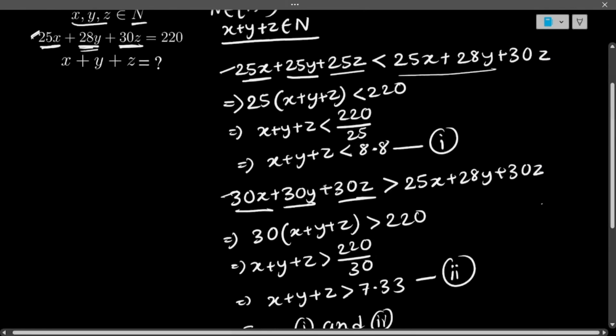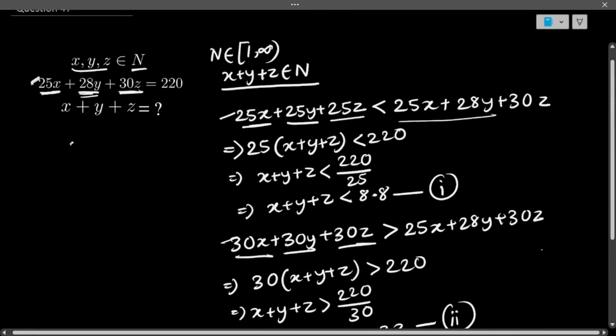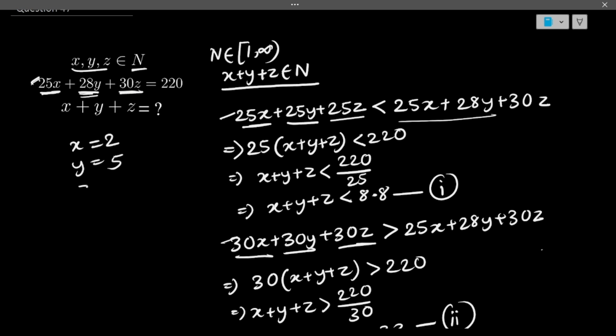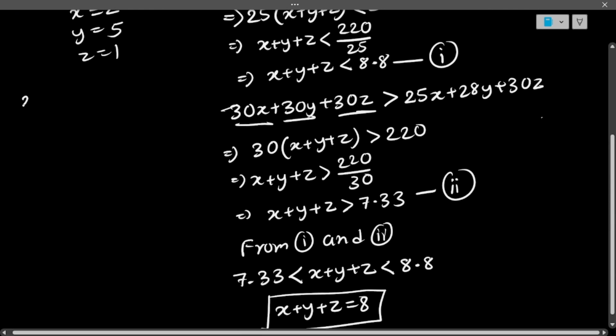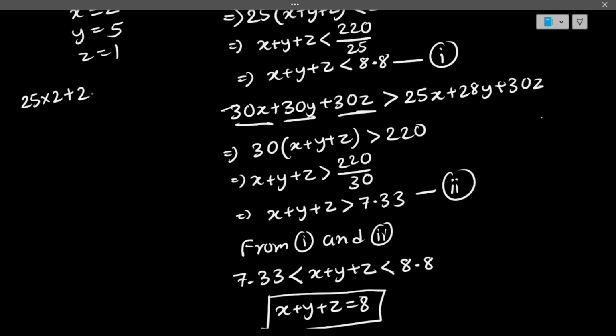Now let's justify it. Let x equal 2, y equal 5, z equal 1, and see that these natural values of x, y, z satisfy this equation. Let me show you. 25 into 2 plus 28 into 5 plus 30 into 1, which is 50 plus 140 plus 30, right?